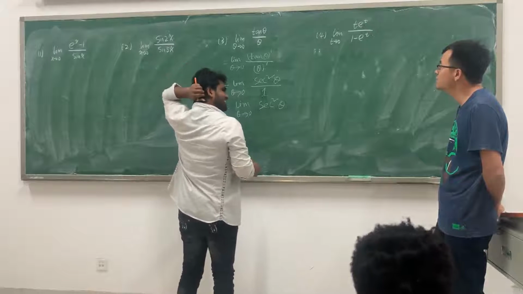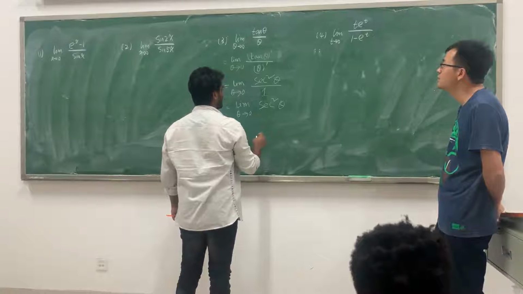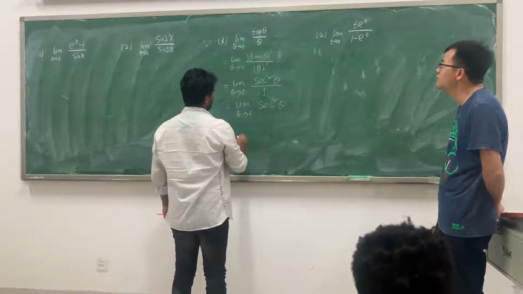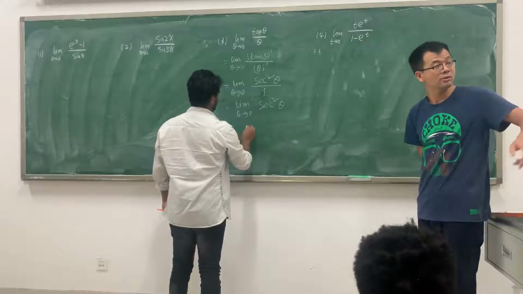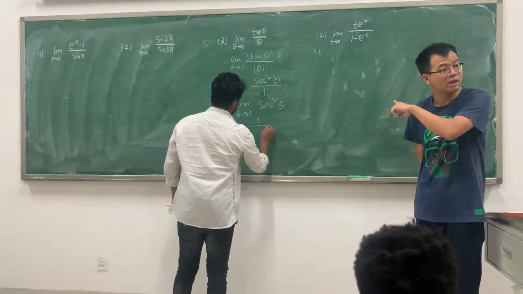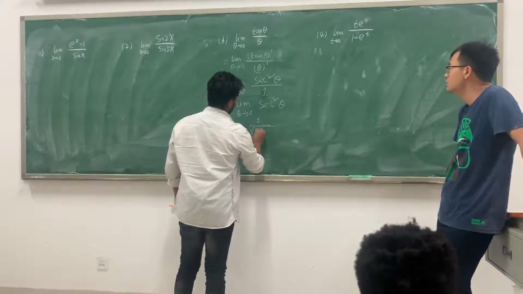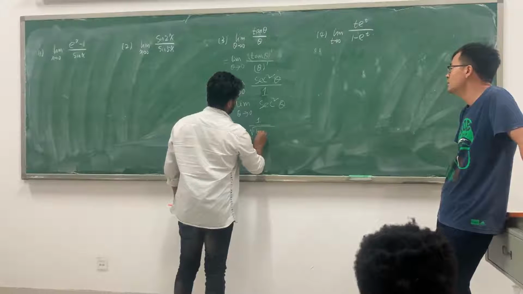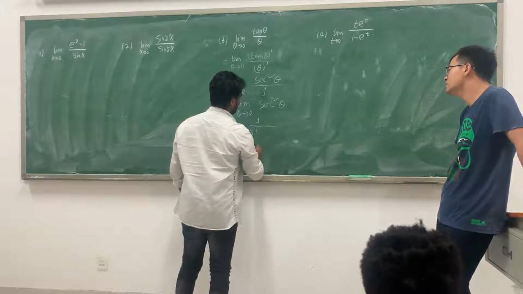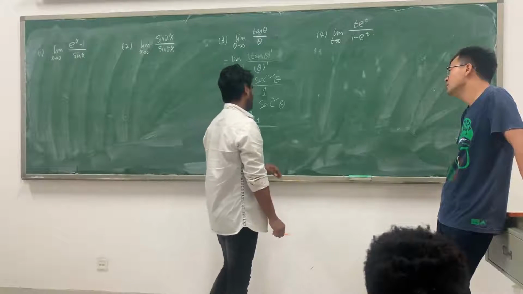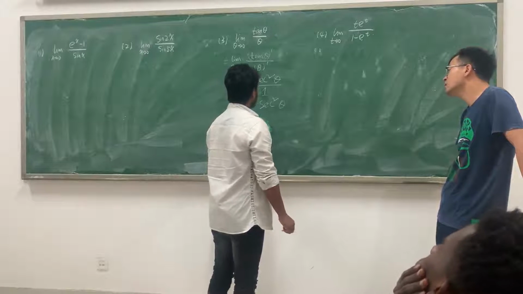So secant theta, what's the definition? One by what? Secant theta. So usually, do it on the blackboard. Secant theta equal to what? 1 by cosine.